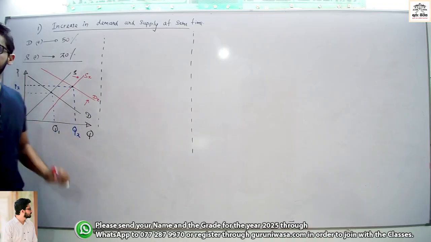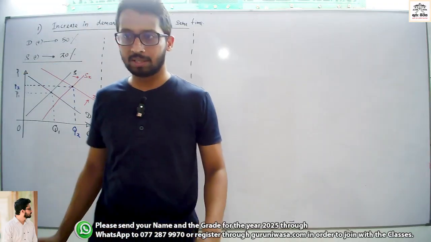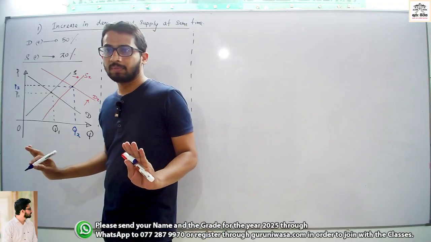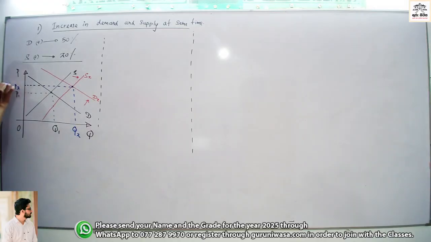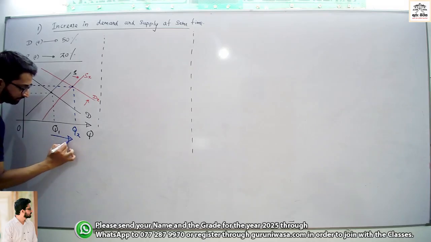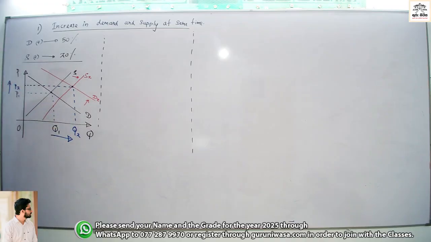Remember, this is theoretical part, not application. This is theory. Okay, right. Kalana, what happens to equilibrium price? Increases. Equilibrium quantity also increases.